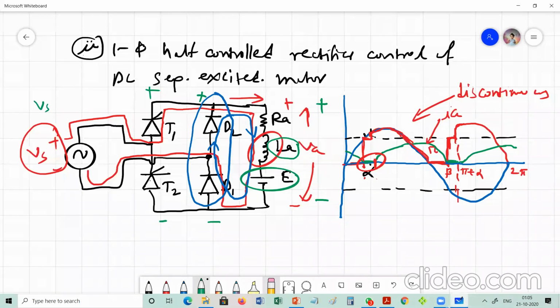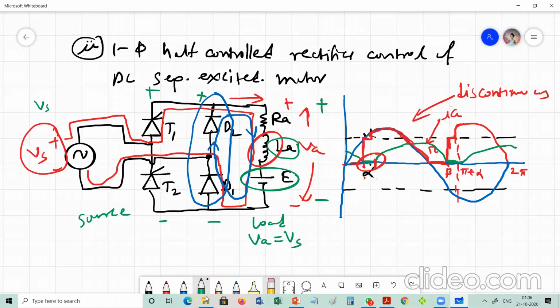So whenever Vs is connected to the load, it means the source is supplying energy to the load or armature. We are getting the load voltage waveform Va same as the source voltage Vs. Whenever the source is feeding the load, that is the duty interval.